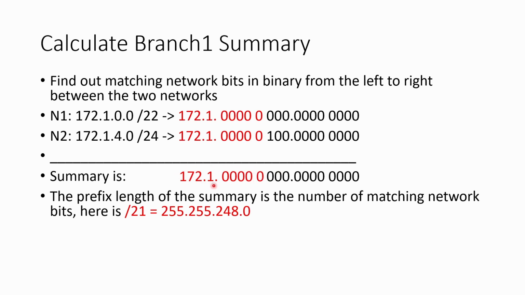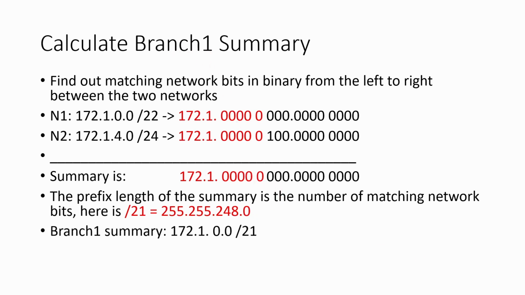That's 8 plus 8, 16, plus 5, 21 bits is the prefix length. Write it into the formal subnet mask: 255.255.248.0. That is the summary for branch 1.